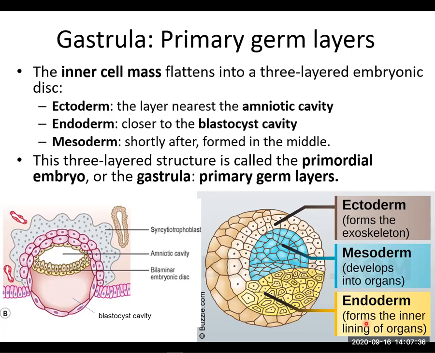Their fate is already decided. Although they can duplicate, they still provide cell division, but their final product is not unlimited.